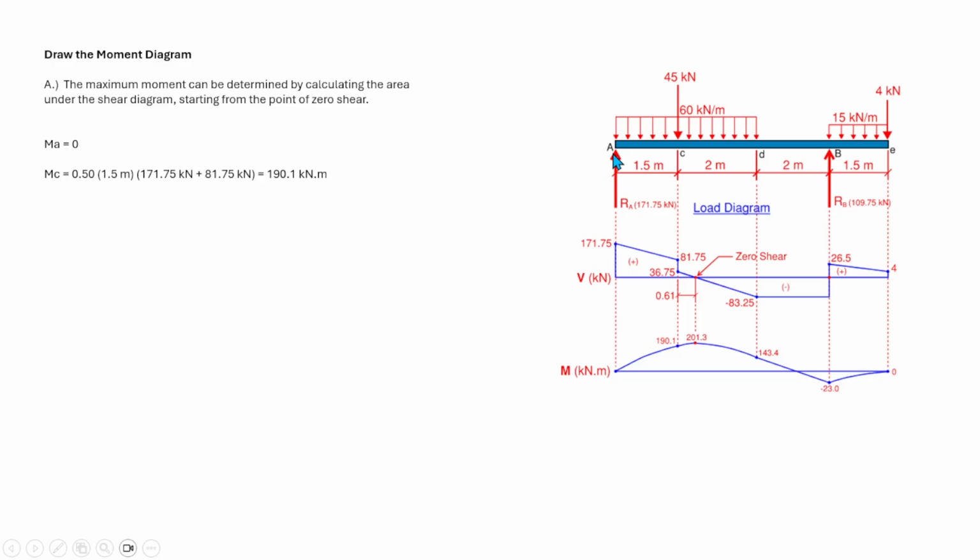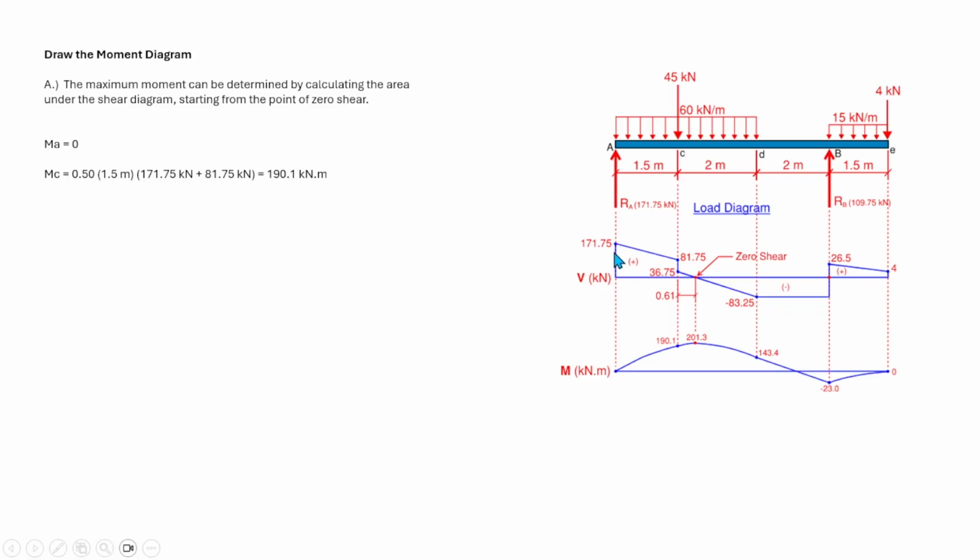Whether it is pin or roller, there is no moment at point A. Now at point C, the moment is equal to the area under the shear diagram.